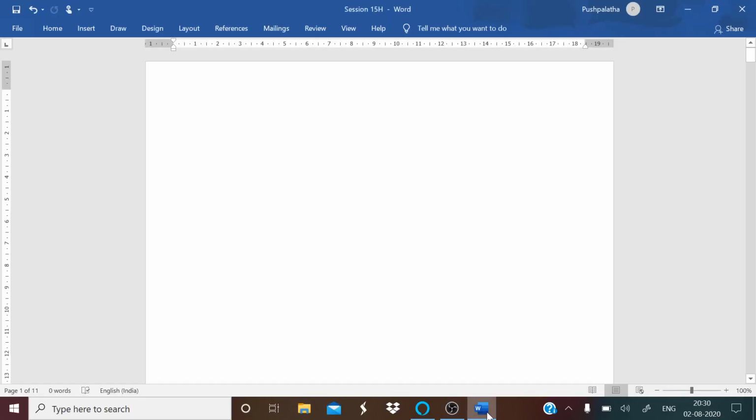In the last session we were talking about the network terminologies and the different terms that we use in the network. Now in this session let us go with NIC card. NIC means network interface card.